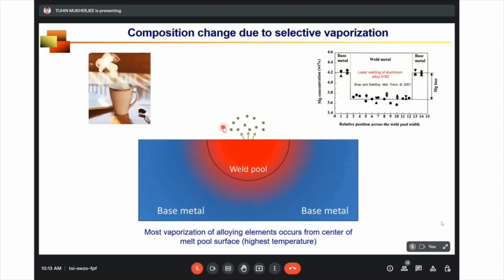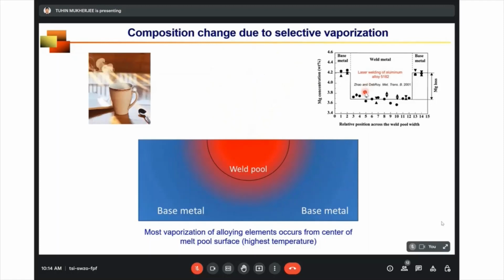Like that, during welding or additive manufacturing, the alloying elements vaporize from the top surface of the molten pool. But all elements do not vaporize at the same rate. And this selective vaporization actually causes a significant difference in the composition in the final part compared to the part we start with.